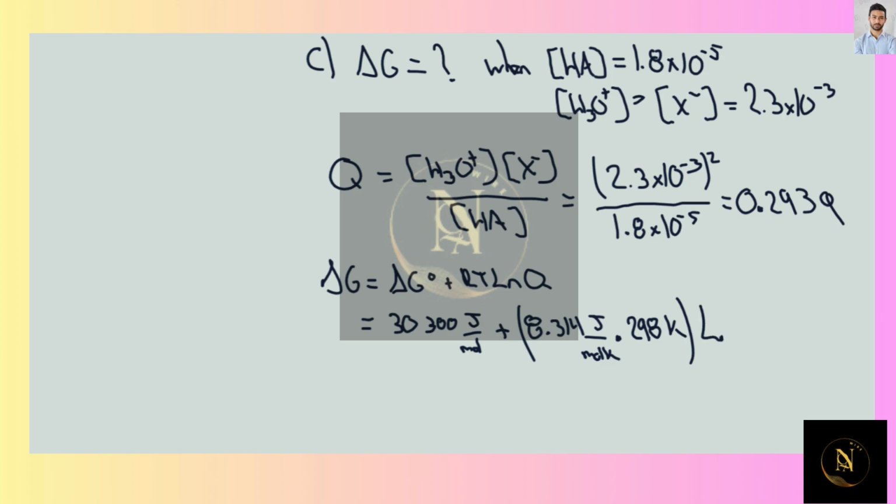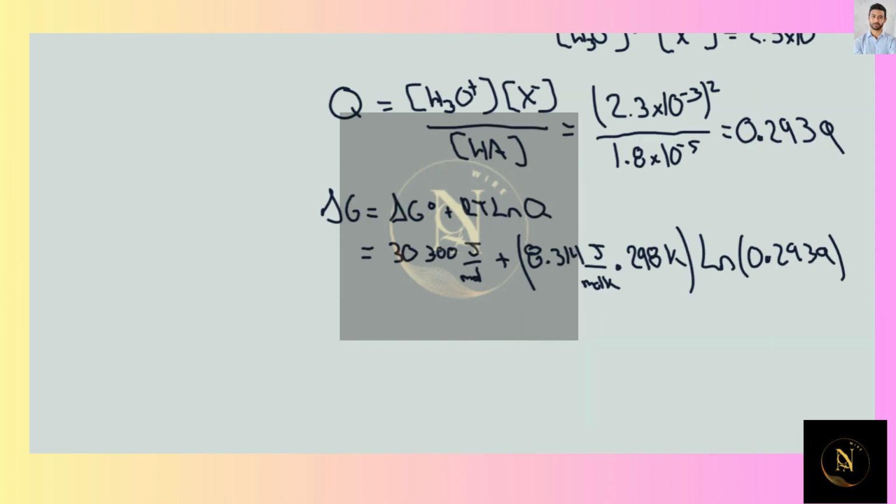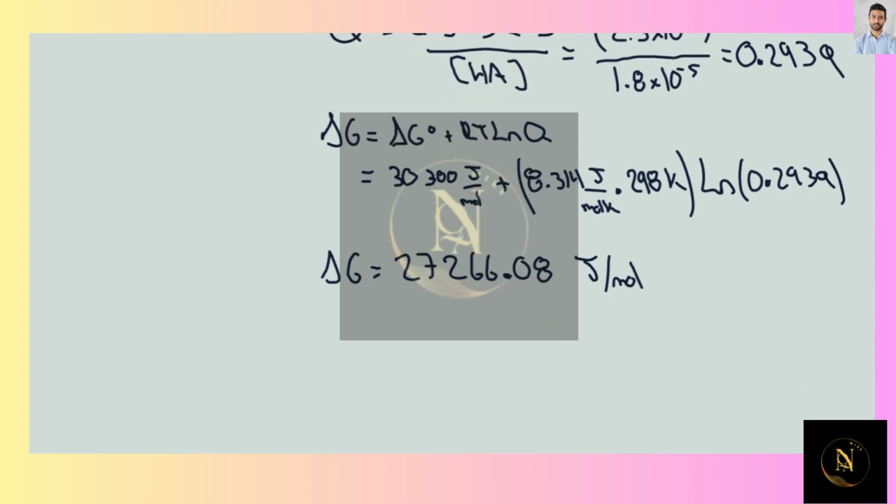All of this is multiplied by the logarithm of Q, approximately 0.2939. So the result is delta G equal to 27,266.08 joules per mole. In kilojoules, this is equal to 27.27, rounded to 4 significant digits, kilojoules per mole.